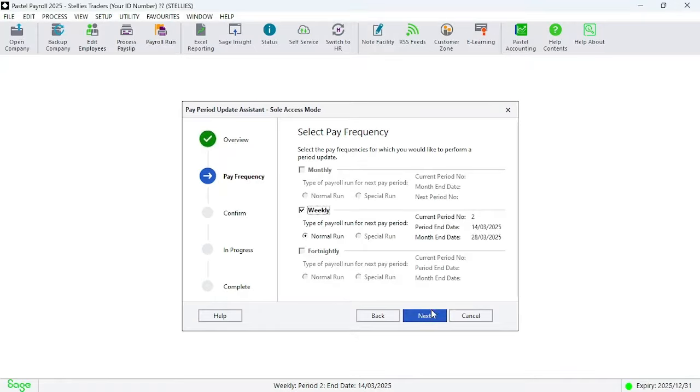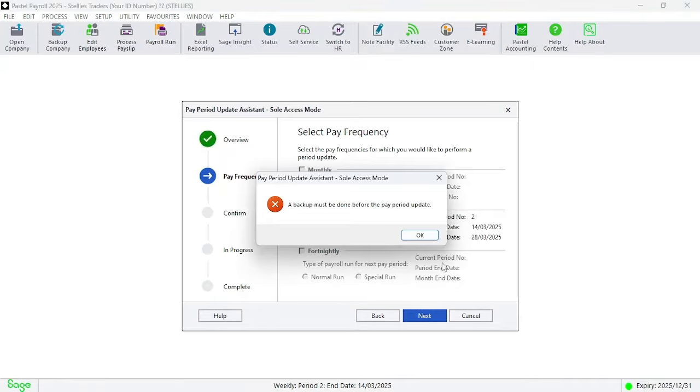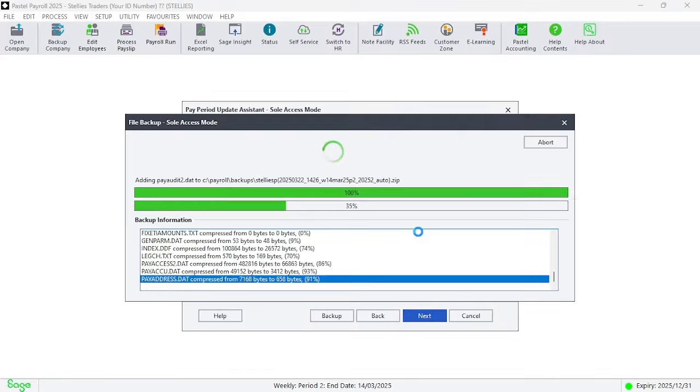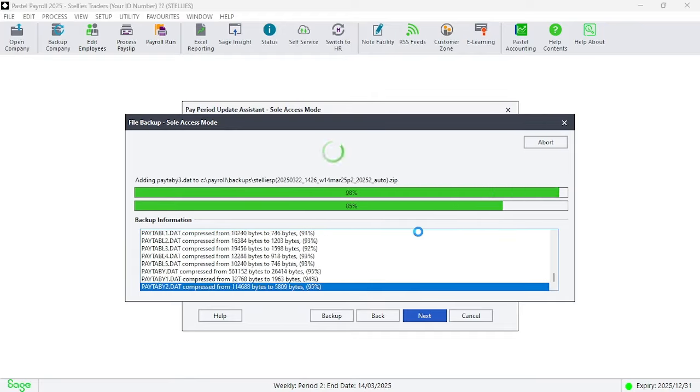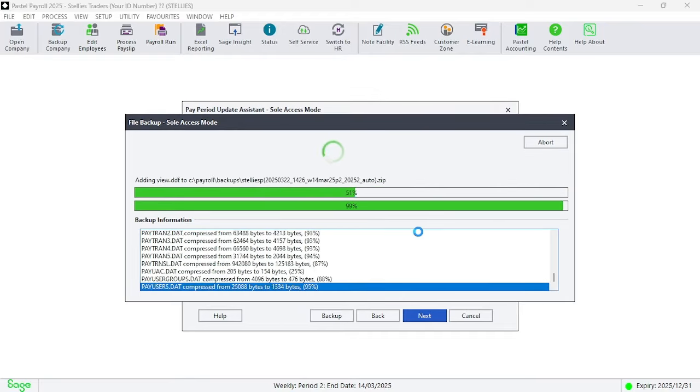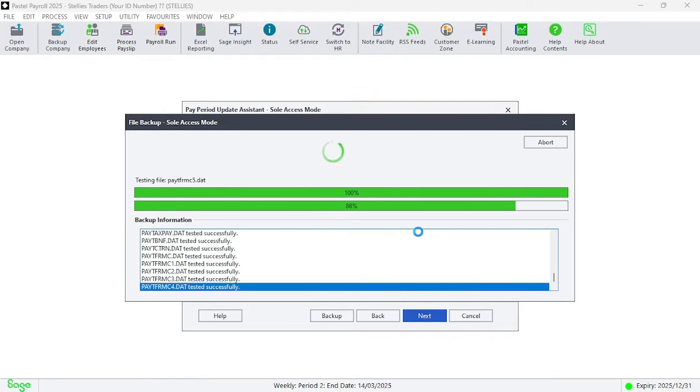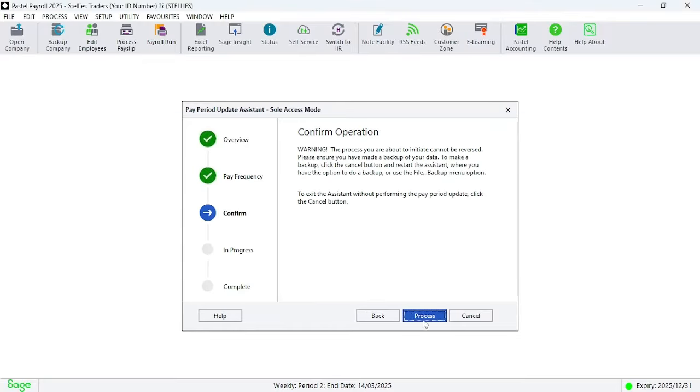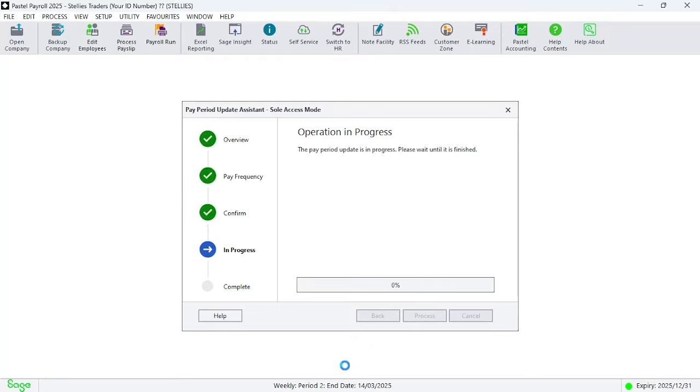Got into period 2, and it's back up, which is good. If you need to restore, we can restore. Just to refresh your memory, it'll come to period 3 now, soon, which will be the 21st of March. And there it is, period 3, 21st of March. And we're then ready to do week 3.